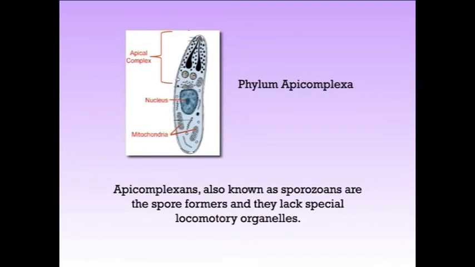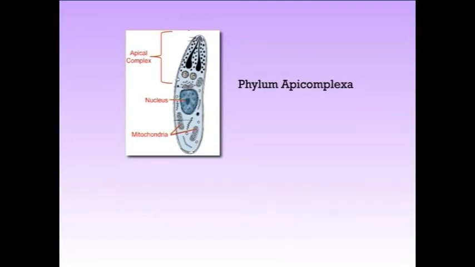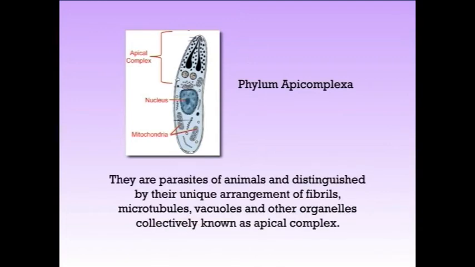Apicomplexans, also known as sporozoans, are spore formers, and they lack special locomotory organelles. They are parasites of animals, and they are distinguished by their unique arrangement of fibrils, microtubules, vacuoles and other organelles, which are collectively known as the apical complex.